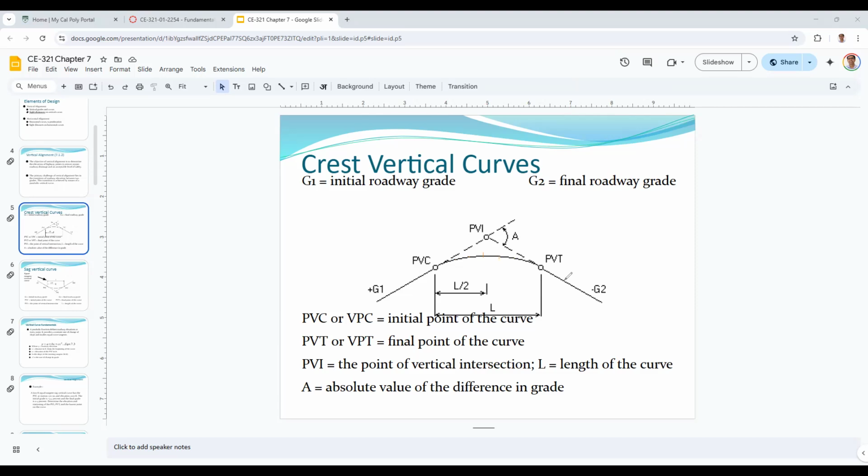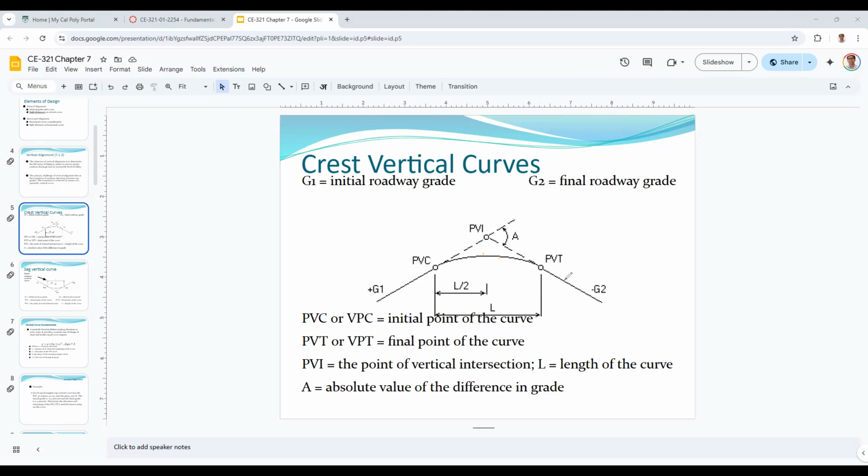And if I told you that the X coordinate is equal to 0 at PVC, let me ask you this. What will be the X coordinate at PVT? If the X coordinate is 0 at PVC, what will be the X coordinate at PVT?